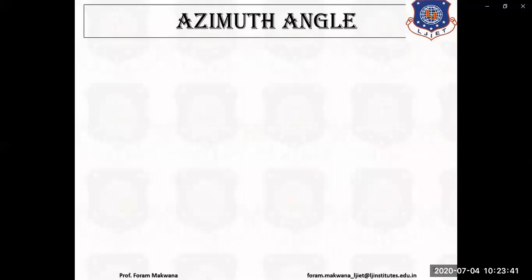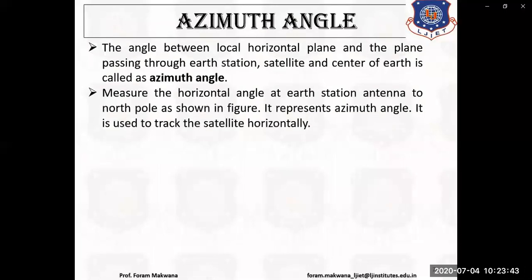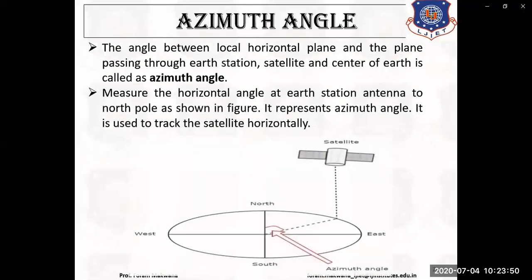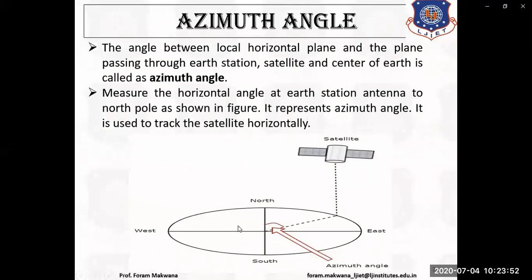So, we are first focusing on the azimuth angle. The azimuth angle means the angle between a local horizontal plane and the plane passing through the Earth station, satellite, and the center of Earth.